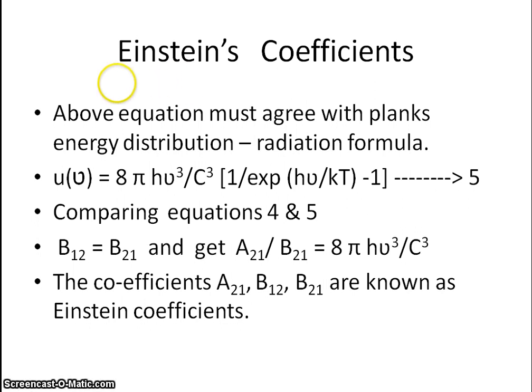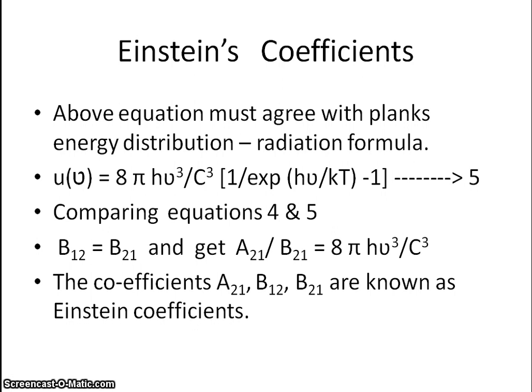When you compare expressions 4 and 5, we arrive at B12 equal to B21 and A21 by B21 equal to 8 pi h nu cube by c cube. These coefficients A21, B12 and B21 are known as Einstein's coefficients. So Einstein's coefficients give us a relationship between the spontaneous emission rates and stimulated emission rates.